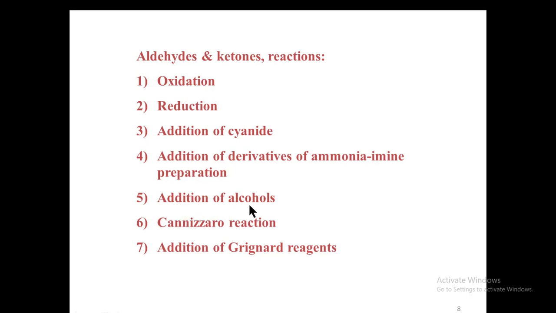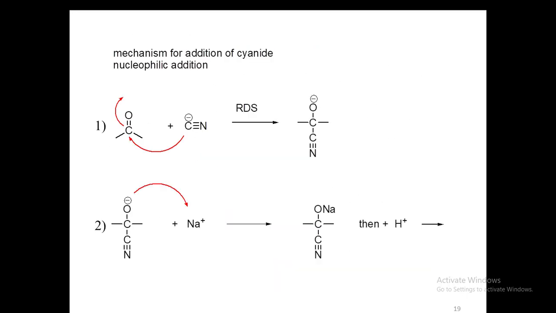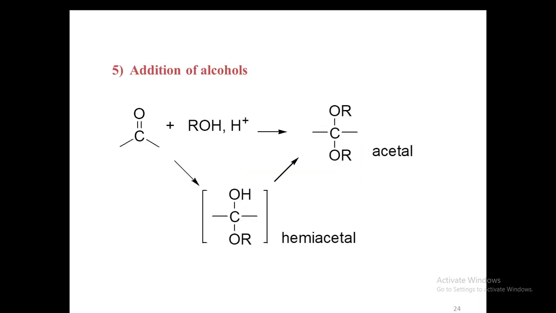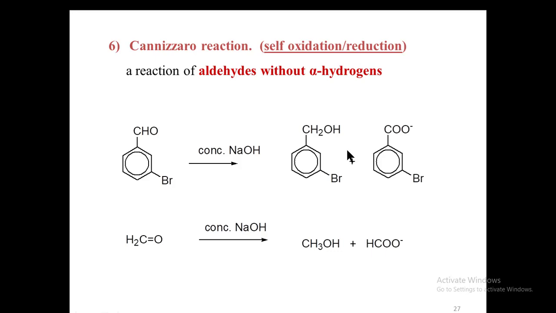Addition of alcohols, and Cannizzaro reaction. Addition of Grignard reagent. If you look at the addition of alcohol, you see hemiacetal and hemiketal, and then acetal and ketal. These are produced.